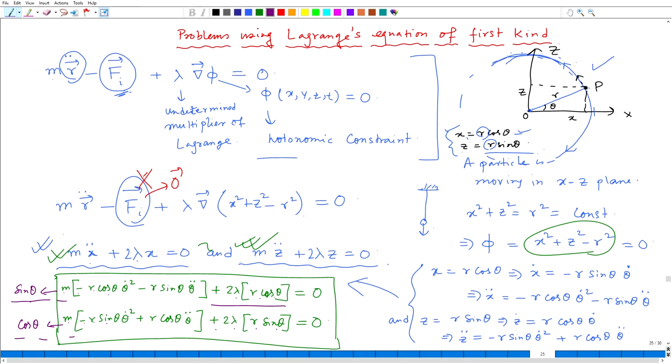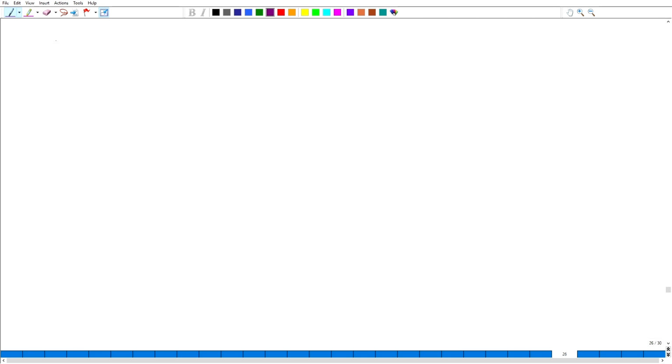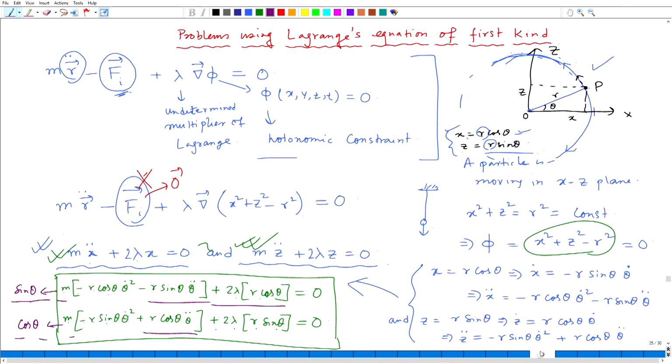The only term remaining is this: r cos square theta theta double dot minus r sin square theta theta double dot, that will be equal to 0.